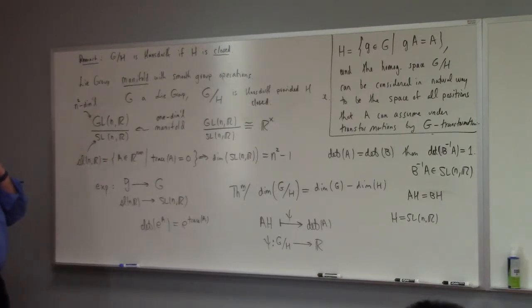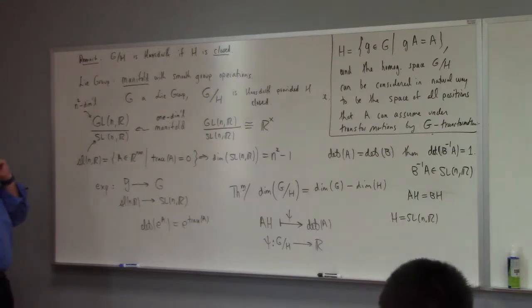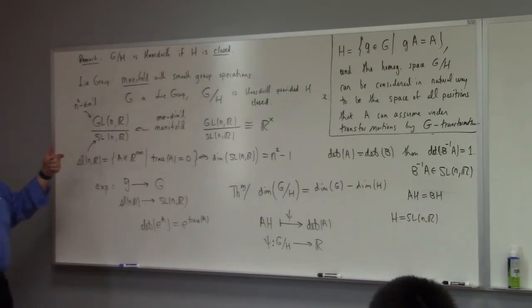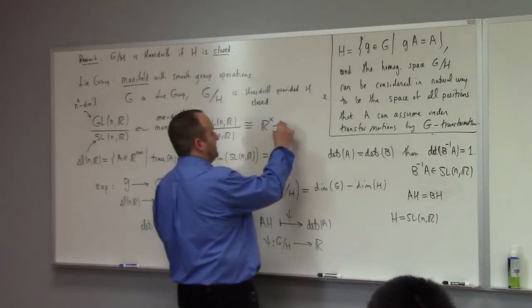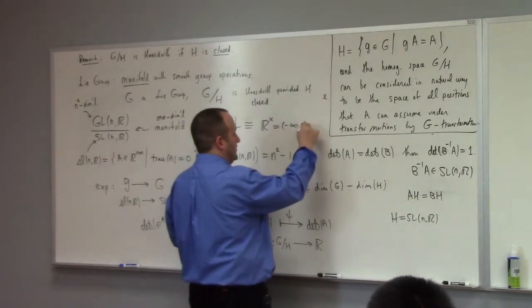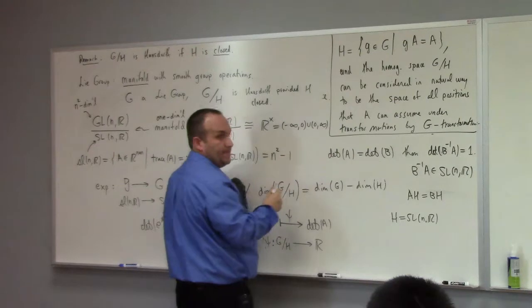So is SLN connected and path connected? But it makes sense that the quotient here would be disconnected, and that's what R with 0 removed is. You understand what this is? This is minus infinity to 0 union 0 to infinity, right?